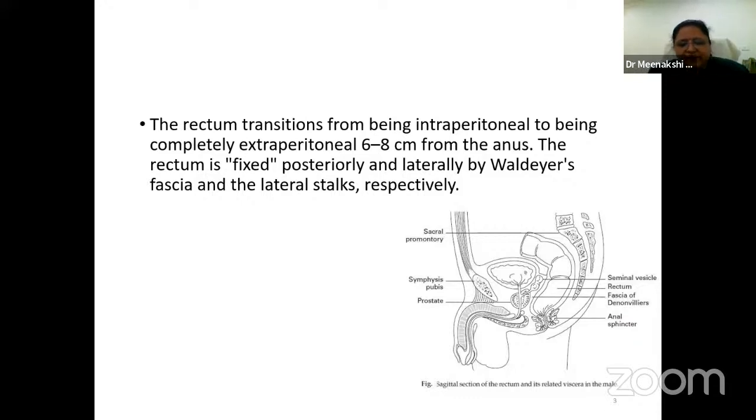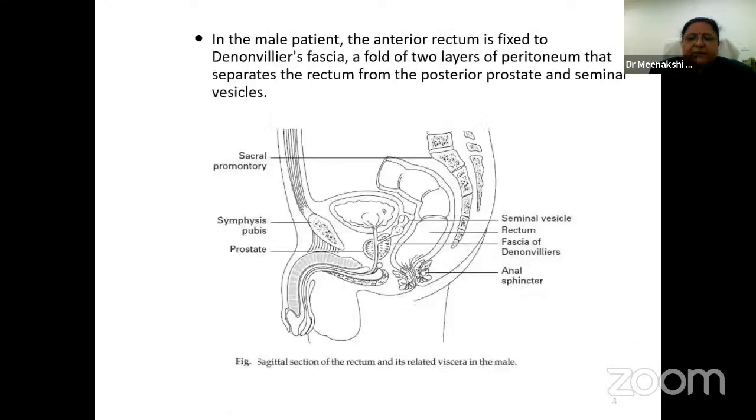The rectum is fixed posteriorly and laterally by Waldeyer's fascia and the lateral stalks respectively. In male patients, the rectum is related to Denonvilliers' fascia, a fold of two layers lying posterior to the prostate and the seminal vesicles.